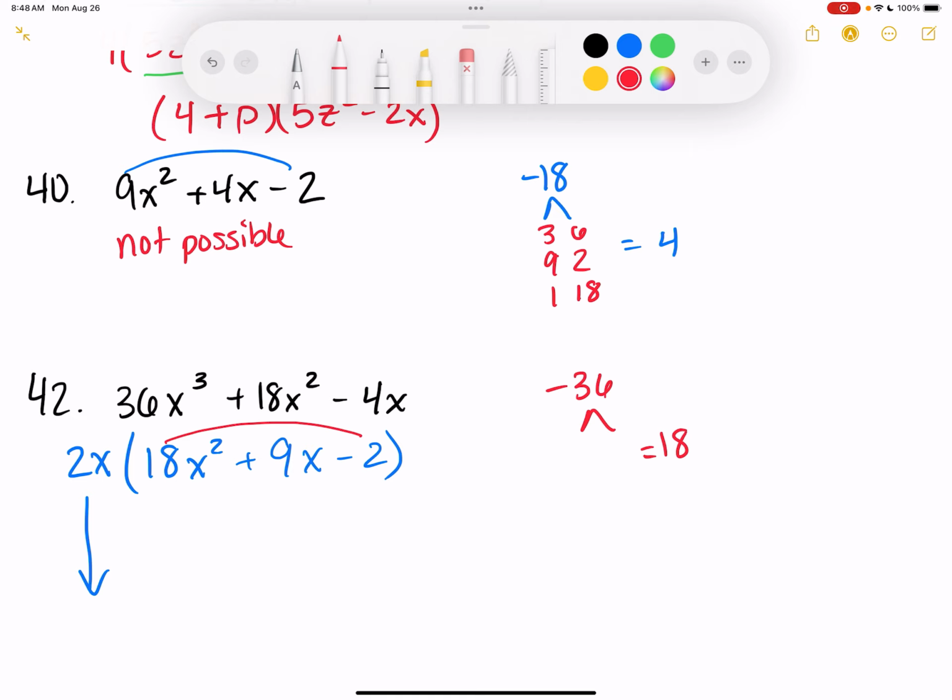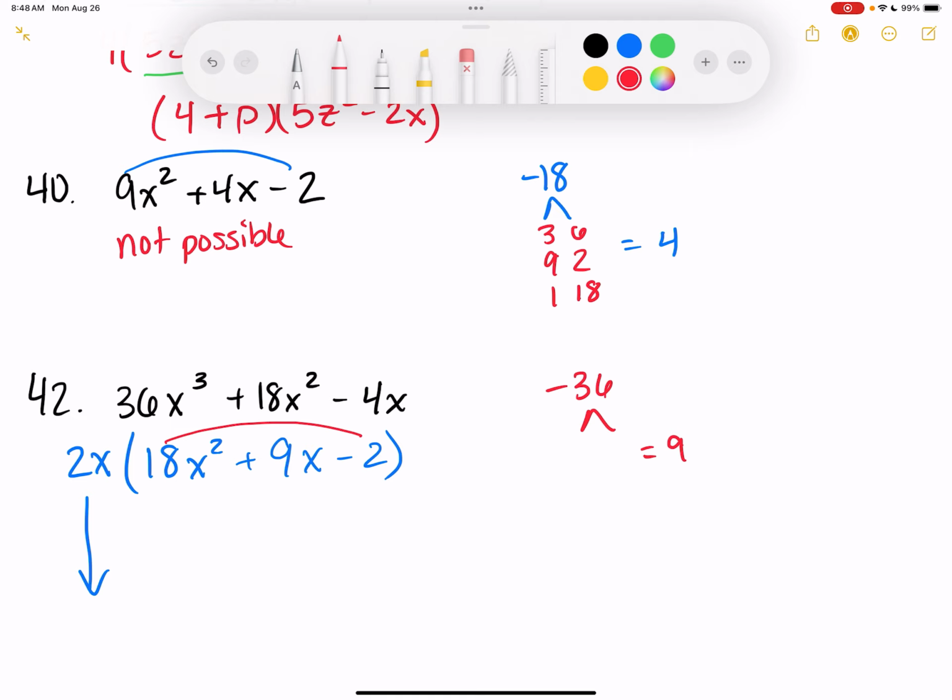Any guesses on factors that will work? Two numbers multiplied together, and add up to give me 9. Oh wait, I'm looking at the wrong thing. Disregard, one second. I'm looking at this part down here.